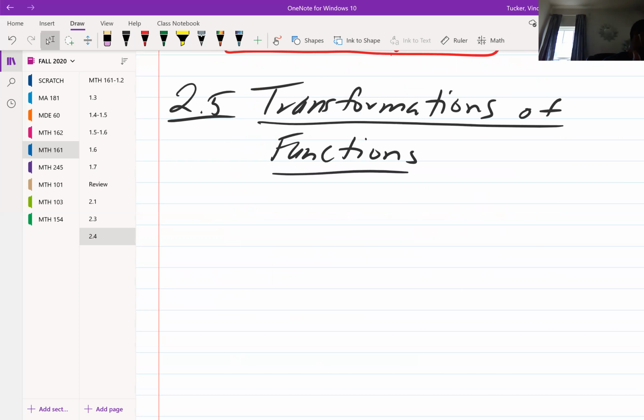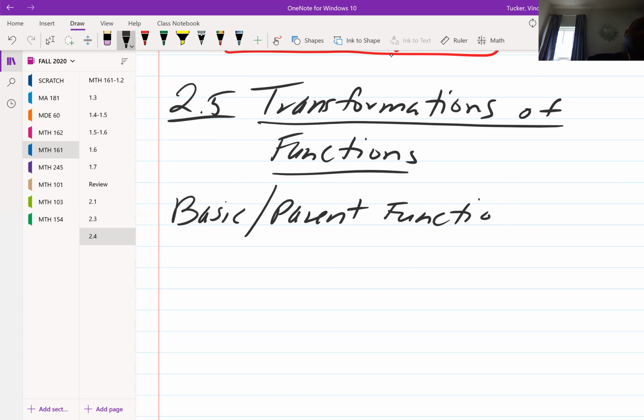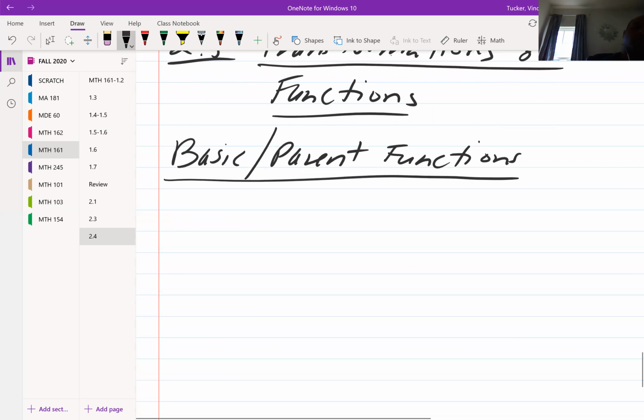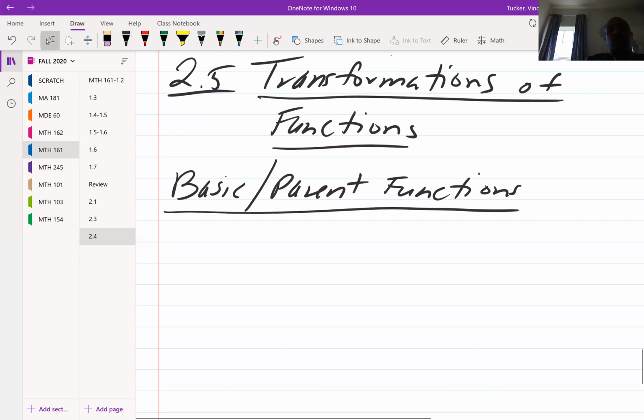I want to call them parent functions. Okay, call it parent. So here in 2.5, we're looking at transformation of functions.